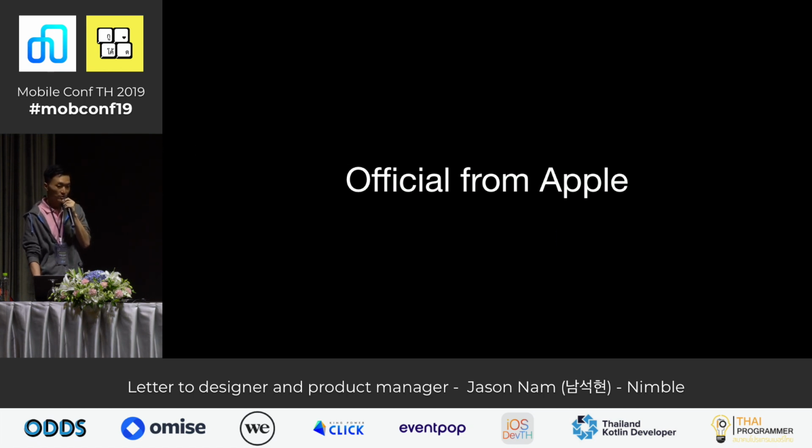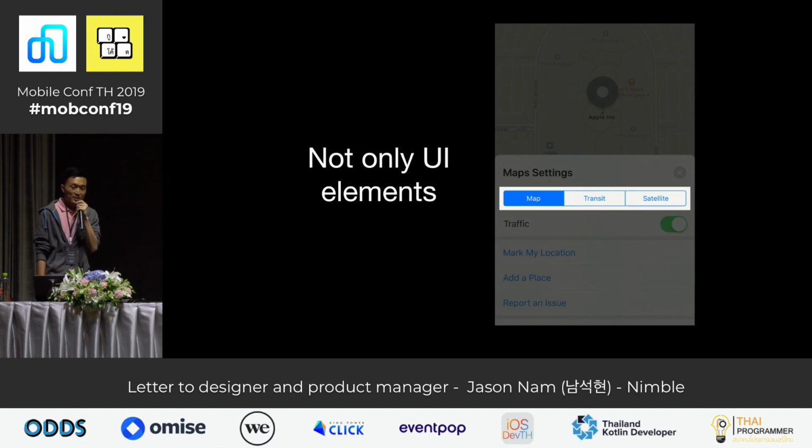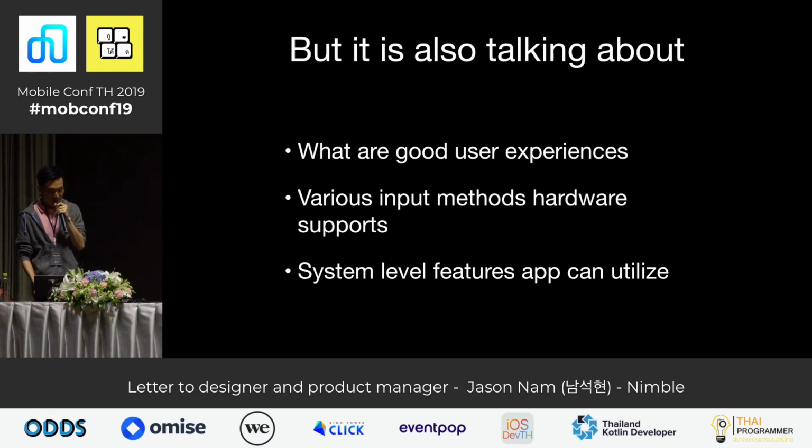So it's official, basically. And it is not only talking about UI elements like segmented controls or labels or videos, but it also talks about some abstract things like what are good apps, what are good user experiences, or various input methods, hardware support, or system-level features apps can utilize. It is very interesting to see that it is also talking about good user experiences.